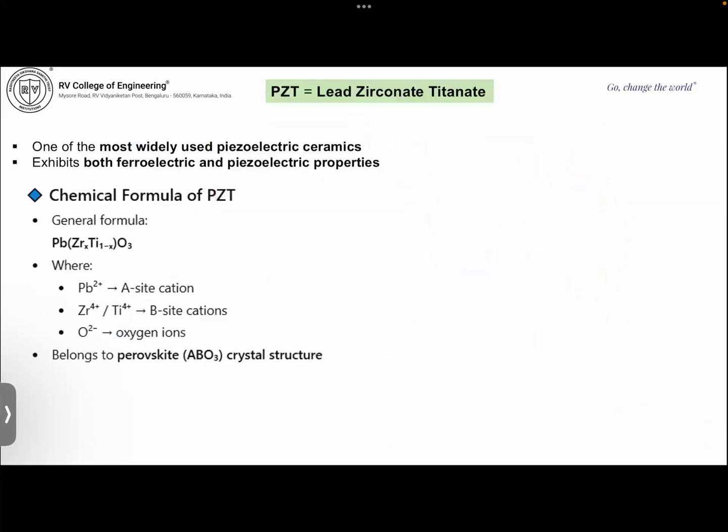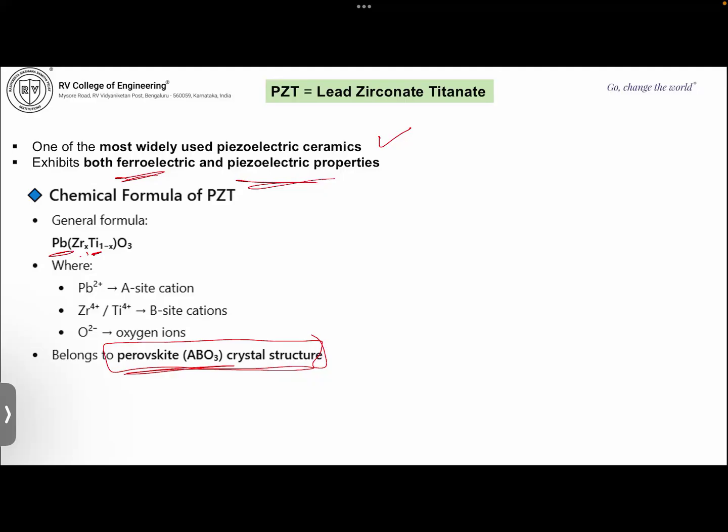This is one of the most widely used piezoelectric ceramics. It exhibits both ferroelectric and piezoelectric properties. It belongs to the perovskite ABO3 crystal structure. The formula is Pb(ZrxTi1-x)O3, and you can vary the composition x by changing the zirconium, which reduces the composition of titanium, x and 1 minus x.